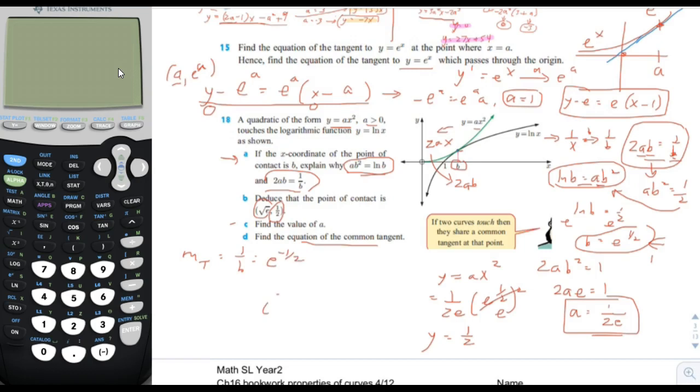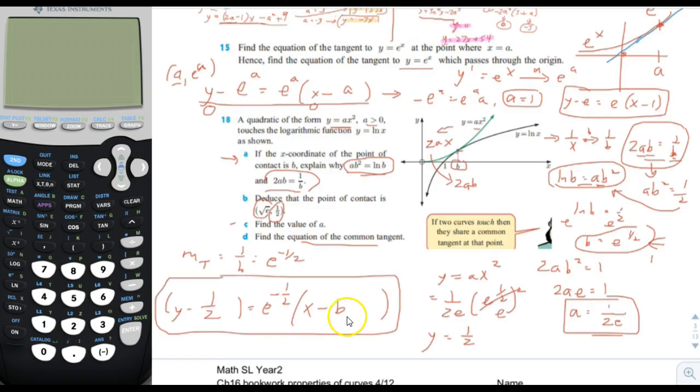We'll write it here. And then we'll put x minus blah, blah, blah, y minus blah, blah, blah. The x minus blah, blah, blah part would be x minus, now we're finding the tangent line at this point, so the x point would be b, and the y point would be 1/2, so y minus 1/2 equals e to the negative 1/2 slope times x minus b.